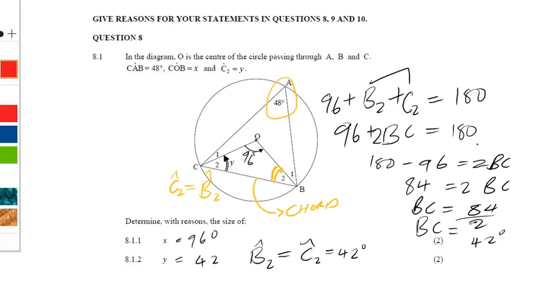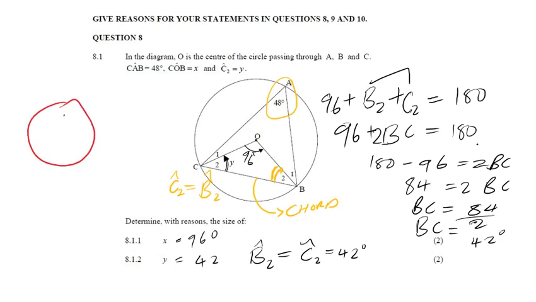You still remember these things. There's your center. If you've got one line from the center to the circumference, it's a radius. And if you've got another one, it's radii, because there are two of them.